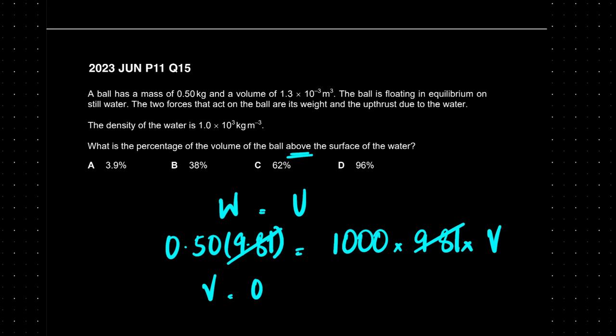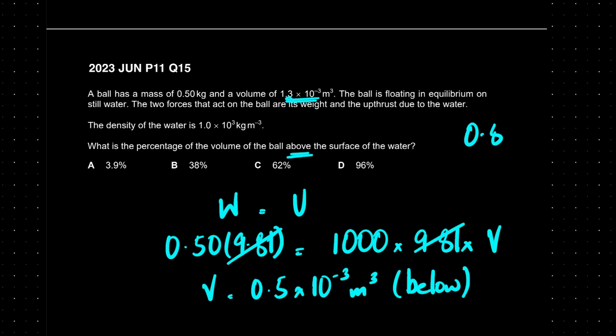So this is basically 0.5 times 10 to the negative 3 meter cubed, which is what is below. So what is above? This is the total. So the rest of the 0.8 is above. 1.3 is the total, and you just multiply this by 100, right? So this turns out to be 62%.